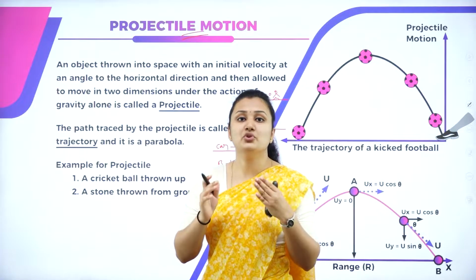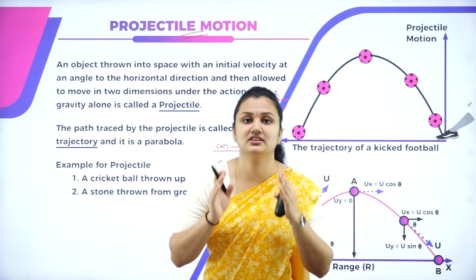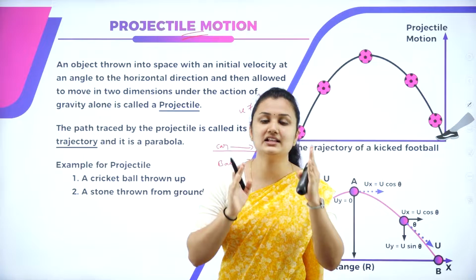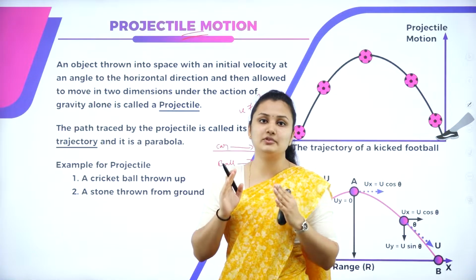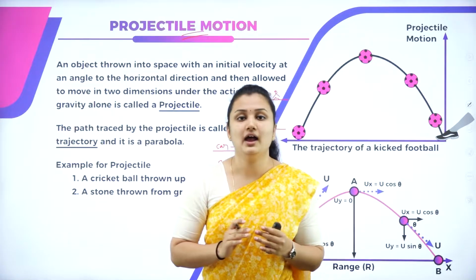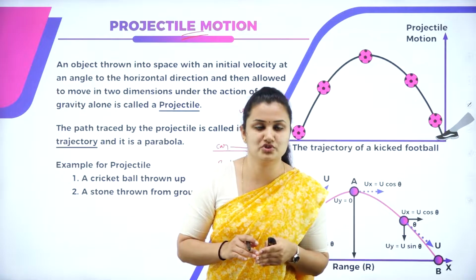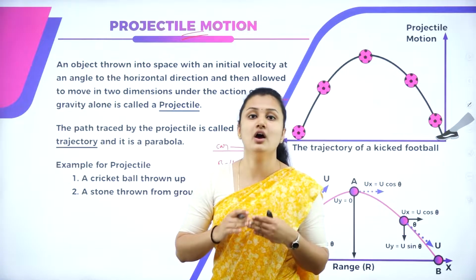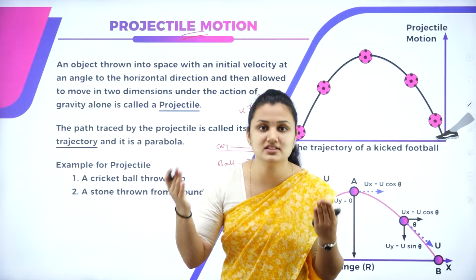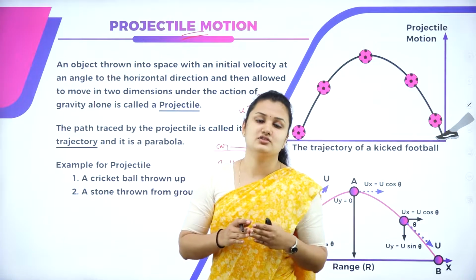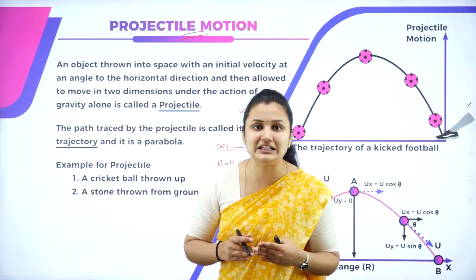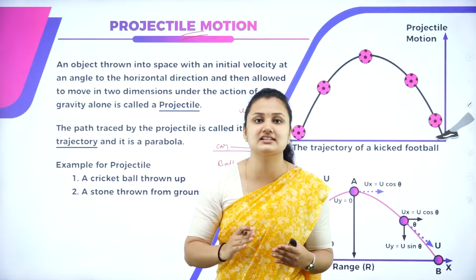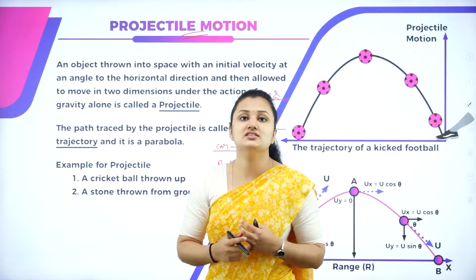And the third is three-dimensional motion, where we need all three axes to describe the motion of the object, like a bird flying in the sky, in space. So all these are motion in 3D, where x, y and z axes are required to describe the motion of the object.